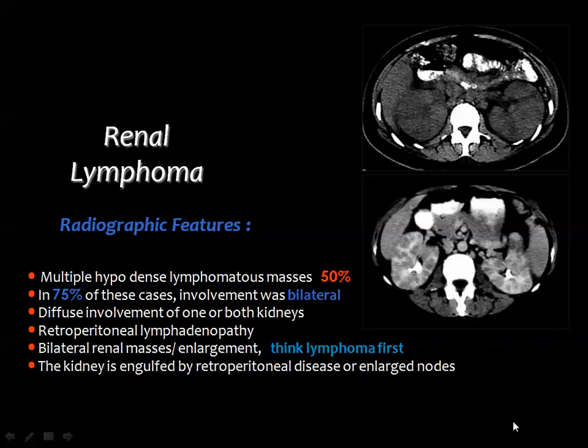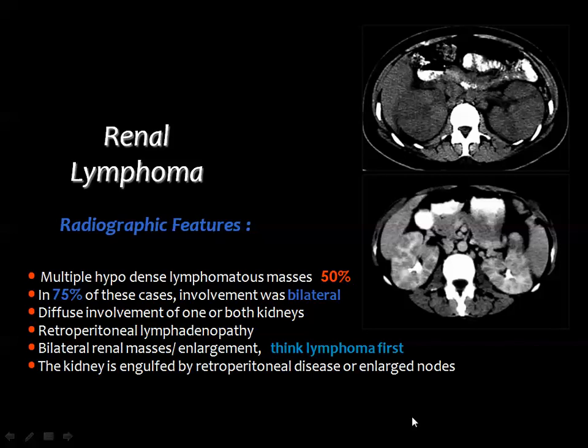Then many times you can see enlargement of the retroperitoneal lymph nodes. And this is one of the rules in the literature that whenever you are confronted by bilateral multiple renal masses associated with diffuse renal swelling, then you think of renal lymphoma as a first diagnosis.